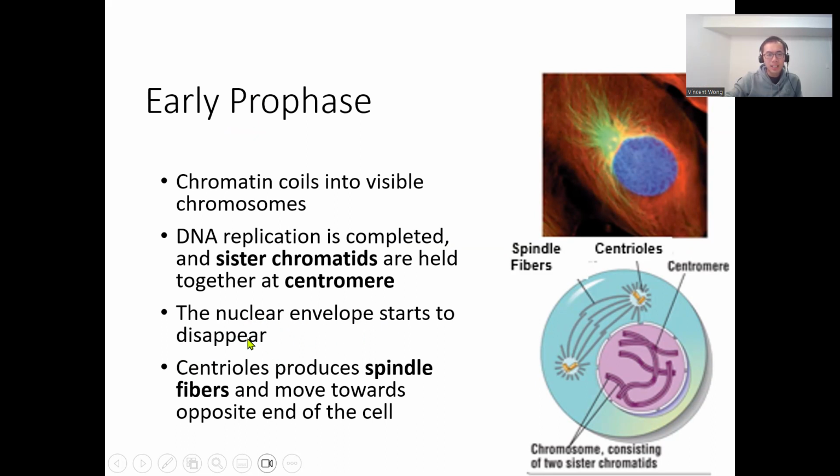And you might remember the centriole. The centriole is the organelle that sends out the spindle fibers. In the middle of this picture, you can see the 2 yellow dots in the center. Those are the centrioles, and all these green fibers coming out are the spindle fibers. Remember, the purpose of the spindle fibers is to help move the chromosomes around.